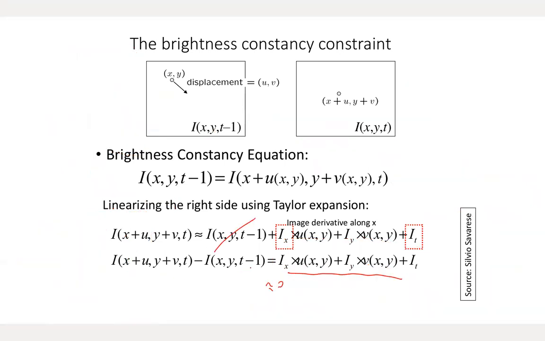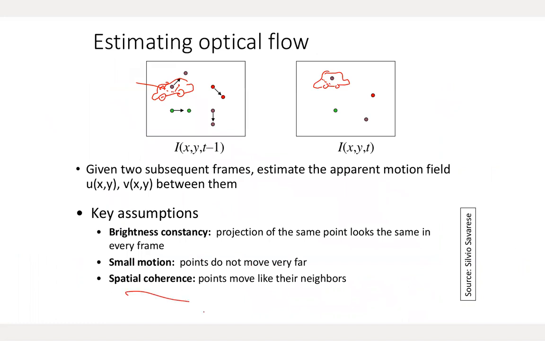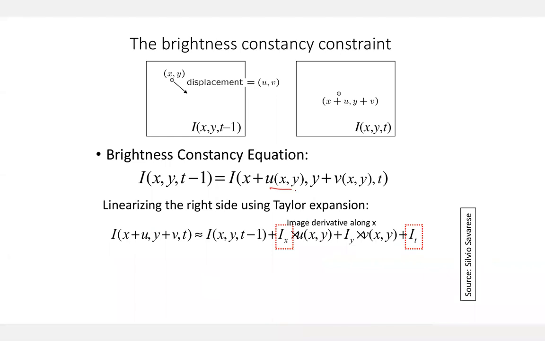What do we call that? I already forgot how we call this assumption. Okay, the spatial coherence assumption, right? That's basically assuming that the u and v values are close when the pixels are close to one another. I mean, u x y will be close to u x plus one y.